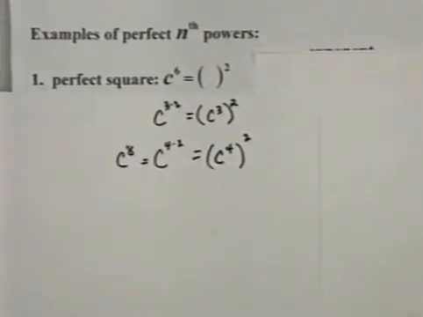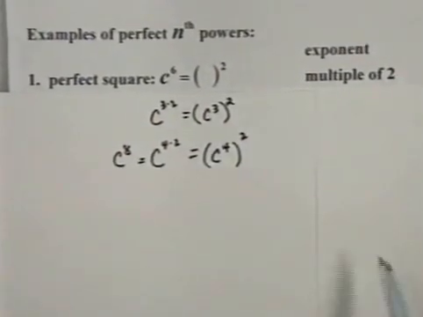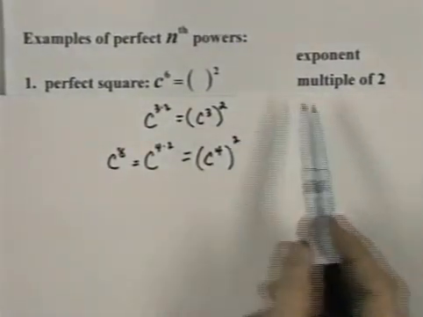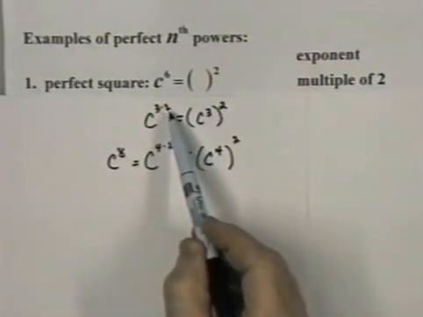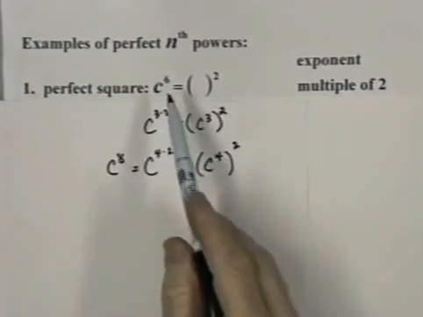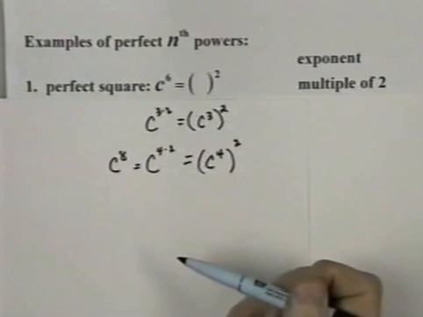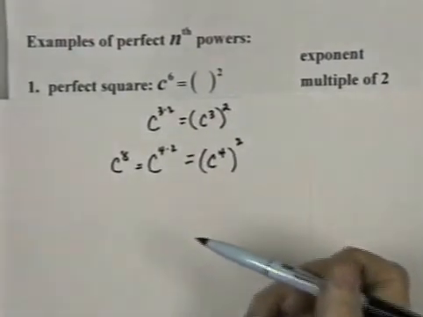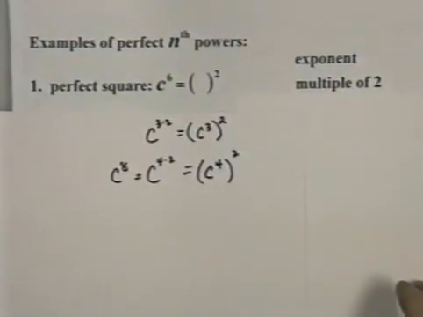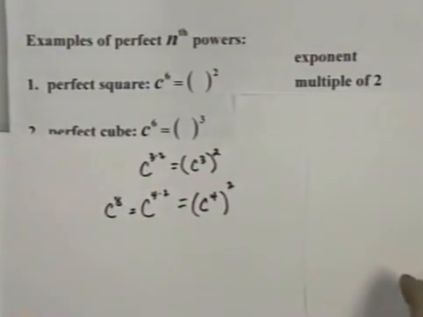Or we could generalize this, can't we, and say that as long as the exponent is a multiple of 2, that's just another way of saying it has a factor of 2 in it, like these two examples, you have a power that would be a perfect second power. Well, can we generalize this a little more? How about perfect cubes?